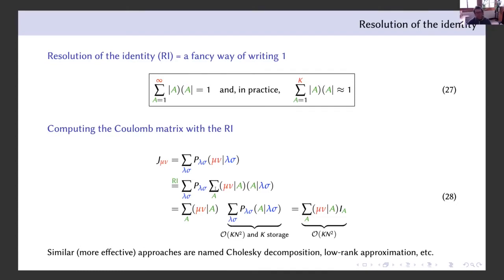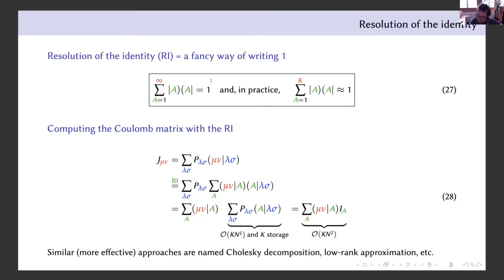I usually call the RI approximation a fancy way of writing one: if you have a complete basis, and that's what I mean by this infinite sum here, and you do that summation, it's going to give you the identity, or one if you want.